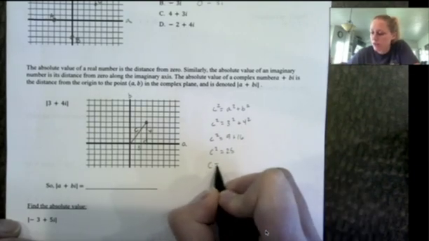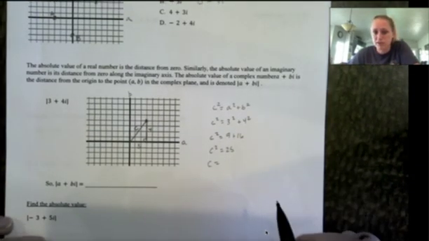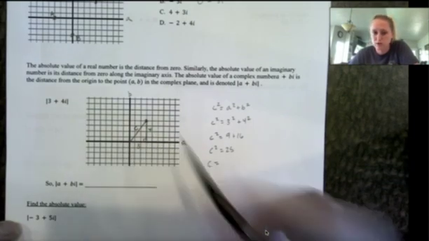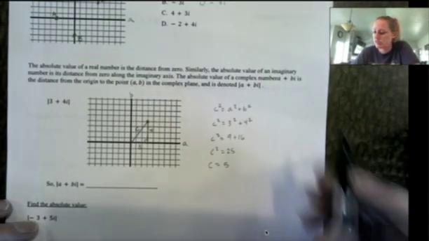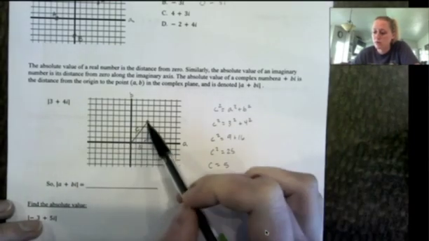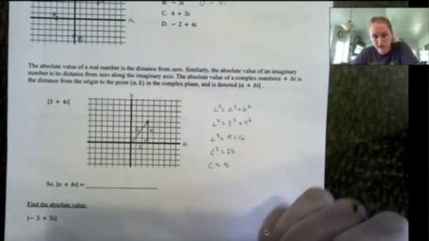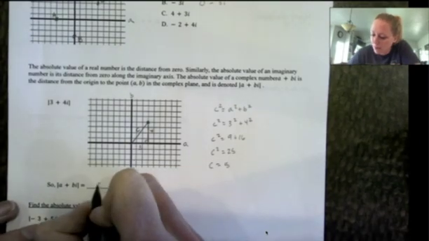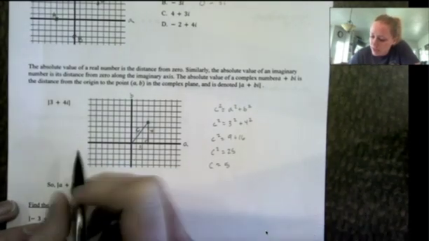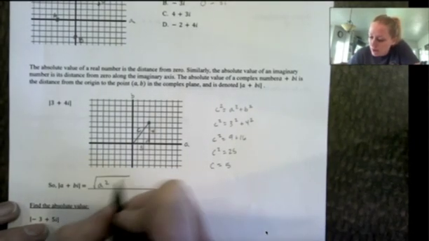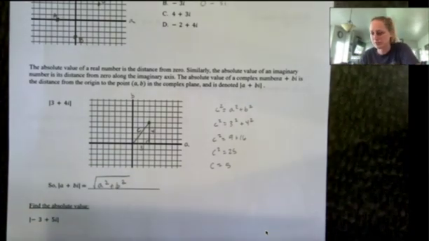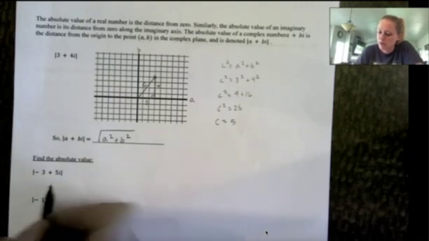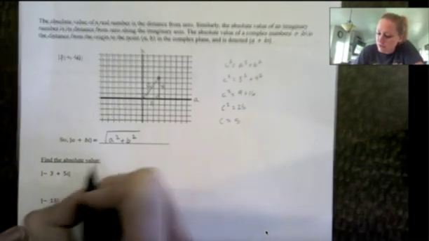Square root. Now, normally we would have plus or minus, right? But we're measuring distance, which is always going to be positive. So +5 is the distance from 0 to 3 plus 4i. So the absolute value of a complex number is just the square root of a squared plus b squared. Okay, so it's essentially just the Pythagorean theorem to find that distance. Okay, so here, if we want to find the absolute value, I'm just going to do that.